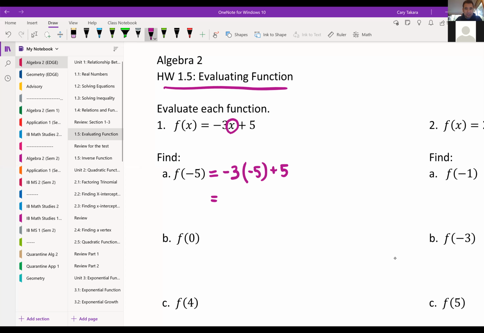And that's going to be, what is that? 15. -3 times -5 is positive 15. So positive 15 plus 5, right? It's going to be 5. So when the input is -5, the output is going to be positive 5.